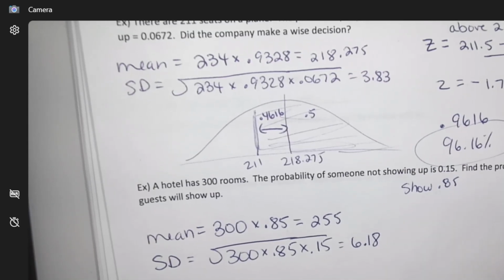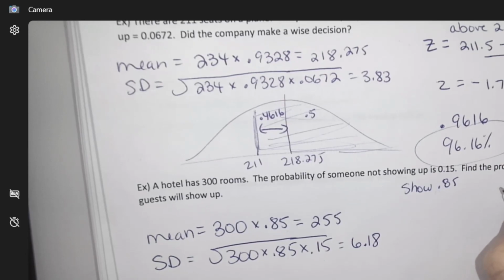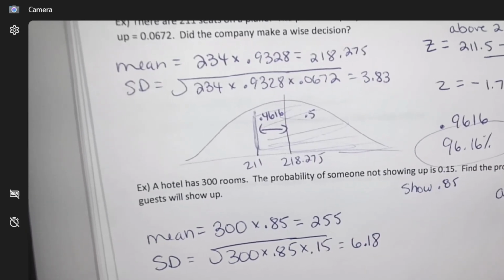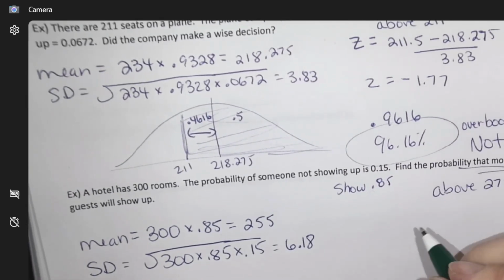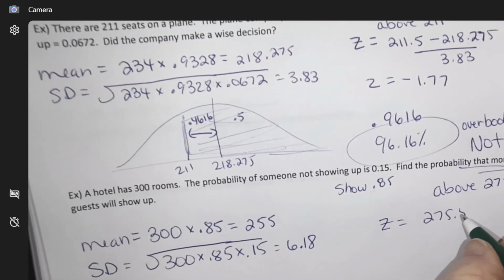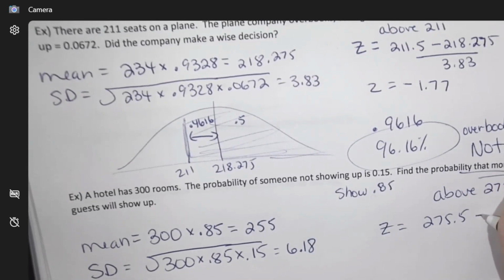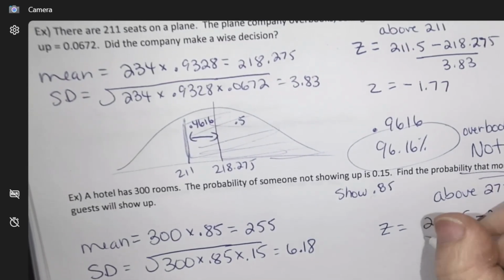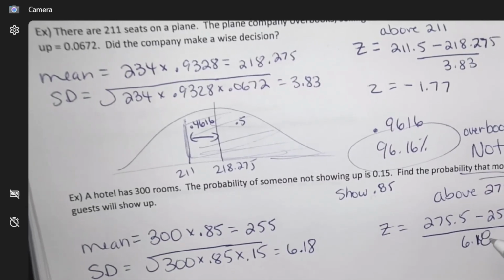The question says the probability that more than 275. So I'm looking for being above 275. That's my situation. So z equals 275.5, just so I'm being above it, minus the mean over the standard deviation.